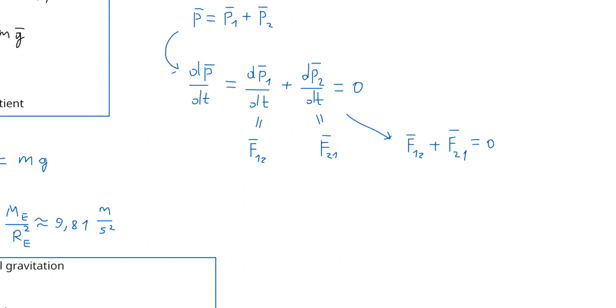And from here we get that F12 is equal to minus F21.